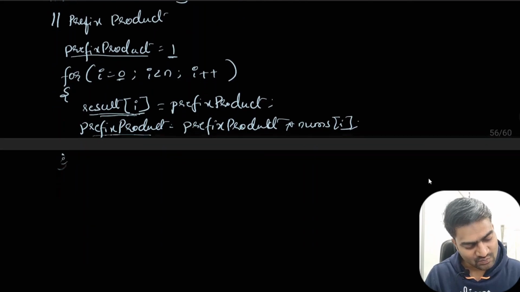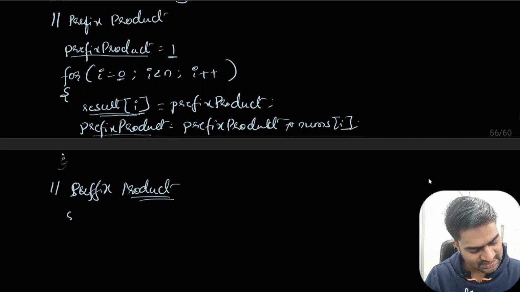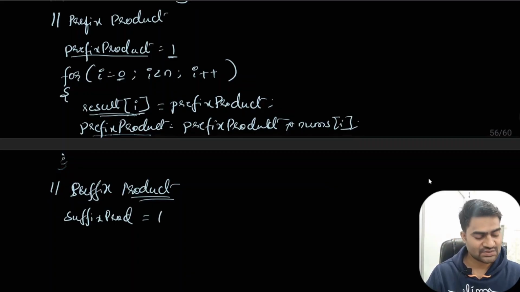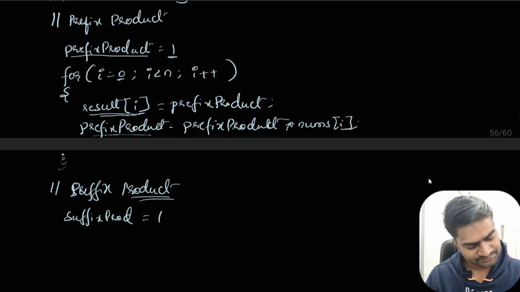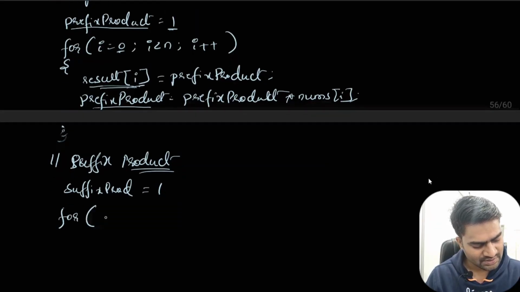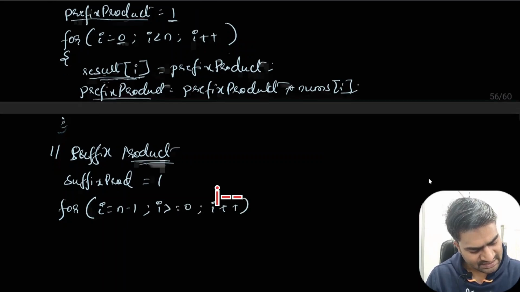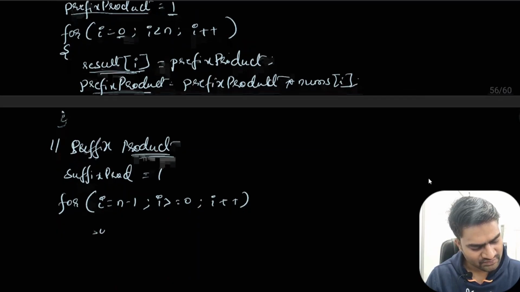Then after that, we need to do the suffix product now, right? This suffix product we need to multiply with the prefix product. So I will take a variable suffix product and assign it 1. Now I will use a for loop again, i equal to n minus 1, i greater than or equal to 0, i minus minus. Now I will say result of i.